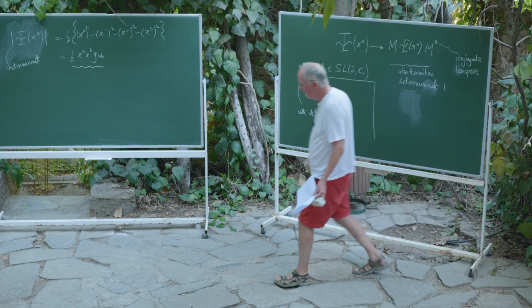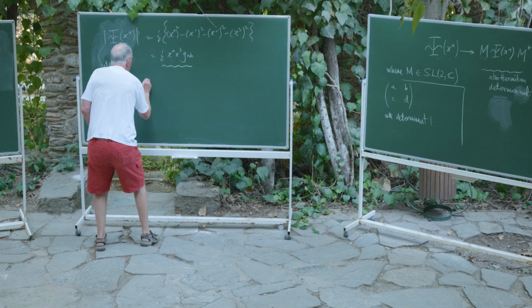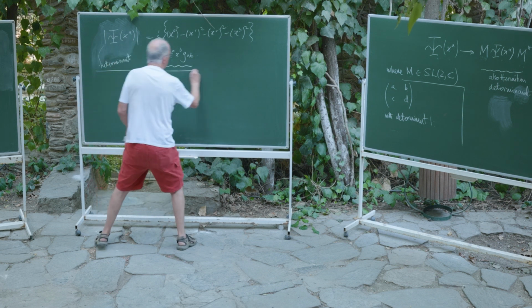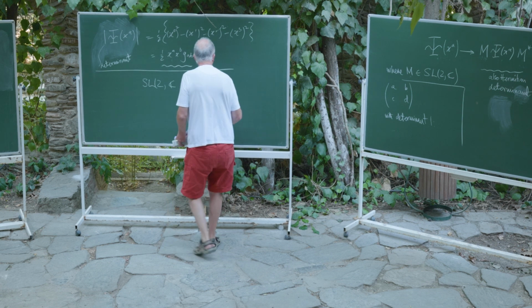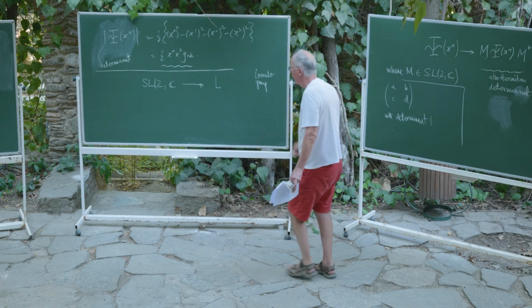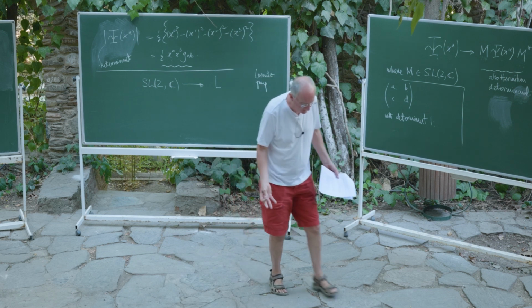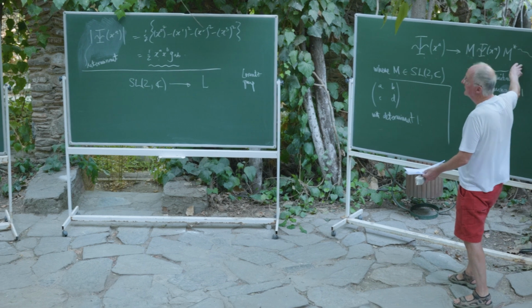Or to put that slightly more precisely, this operation gives us a mapping from SL2C to the Lorentz group. So that's the Lorentz group. Given a matrix in SL2C, given one of these things, you can use it to do this.